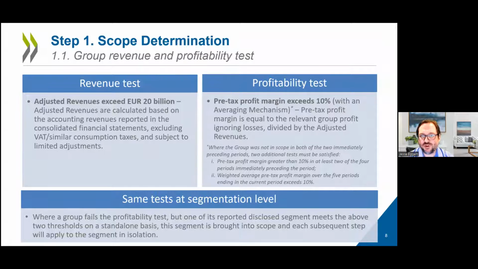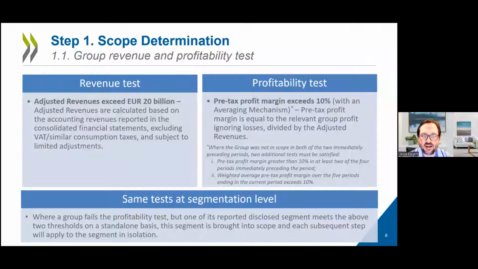Adjusted profit before tax is really your profit or loss in the consolidated financial statements of the ultimate parent entity of the group, subject to, again, a limited number of adjustments to make sure that those results reach an answer that's fit for the purpose of the MLC. If the group is below that 10% pre-tax profit margin threshold, then they are out of scope for the period.